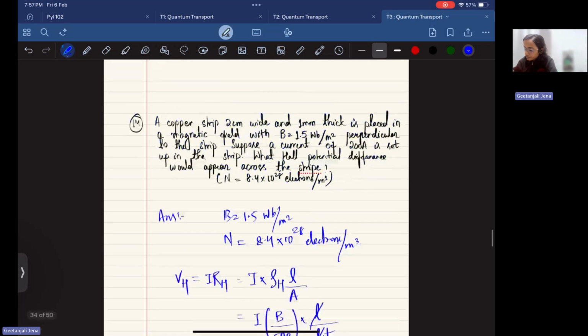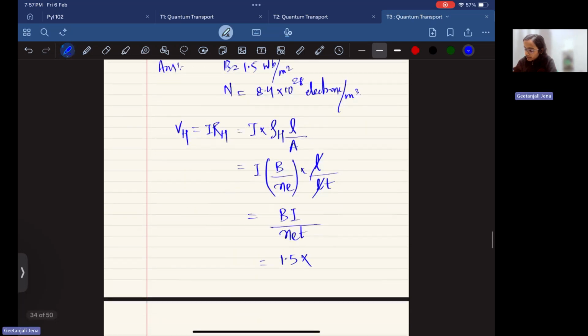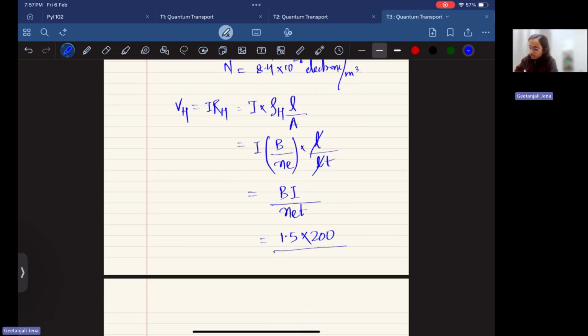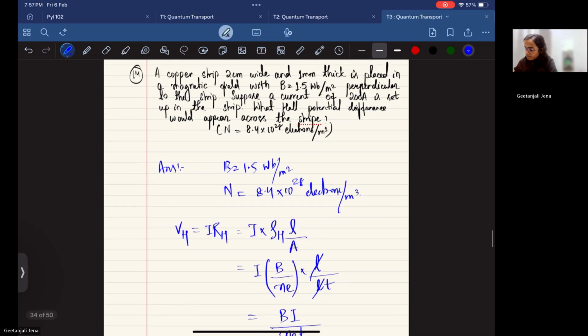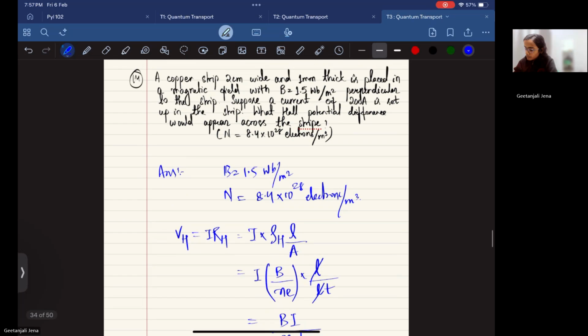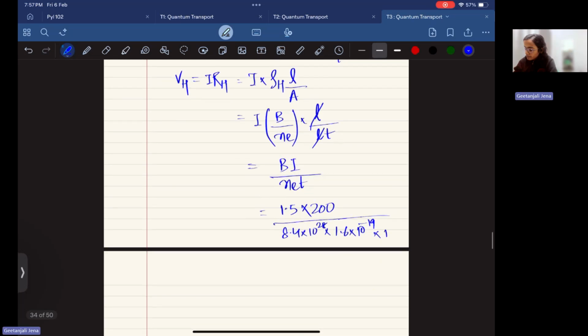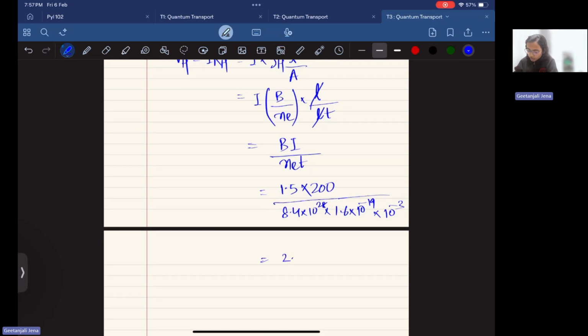I is given, 200 ampere. And the carrier concentration is 8.4 into 10 to the power 28, electronic charge e, and t is 1 millimeter. So this will give a value of 2.2 into 10 to the power minus 5 volt. This amount of Hall voltage will appear if you place this Hall bar in the transverse magnetic field.